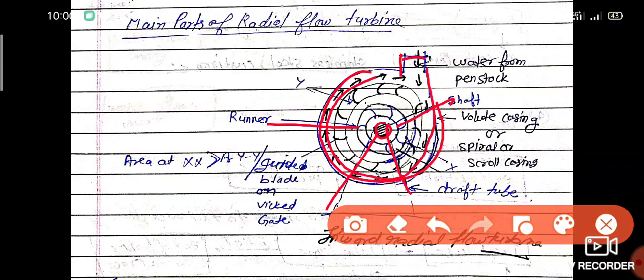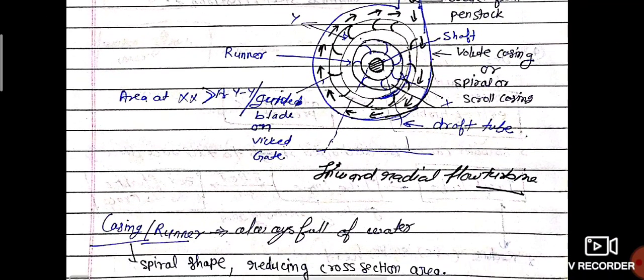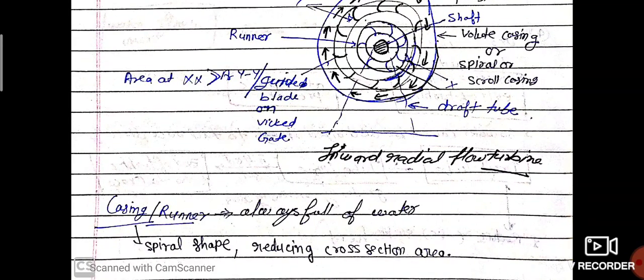It is the runner, and water is coming from the penstock. Casing and runner are always full of water. The spiral casing may be spiral in shape, with reducing cross-sectional area.